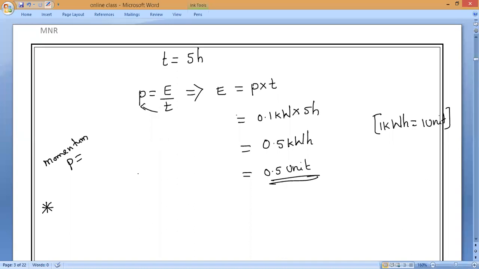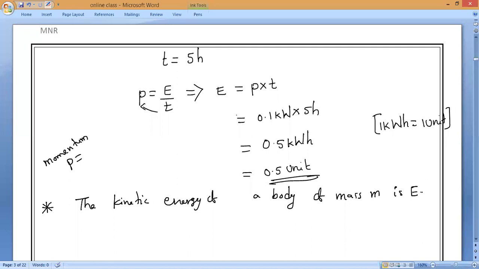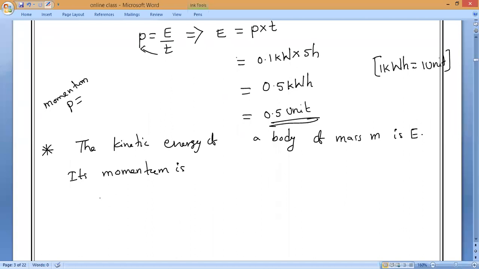The kinetic energy of a body of mass m is E. Its momentum is, you have to find it.